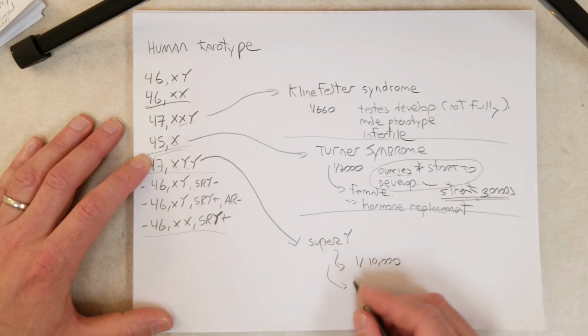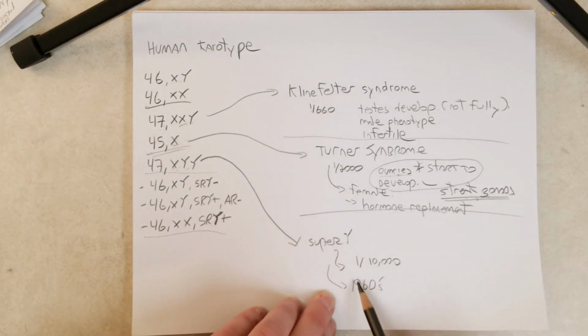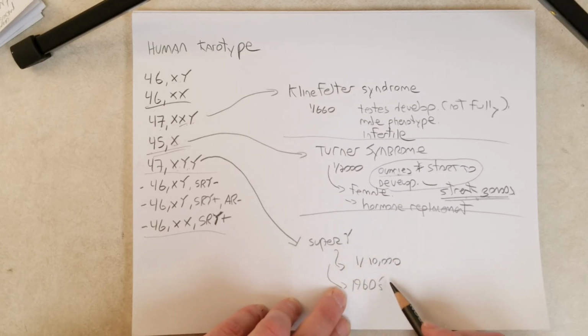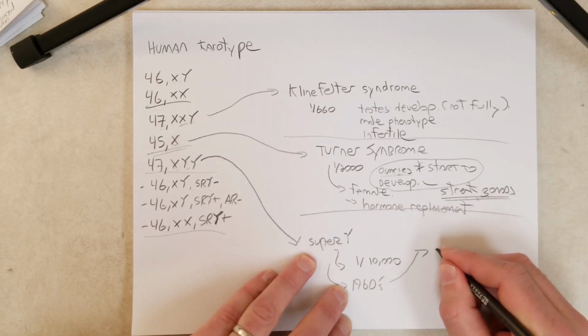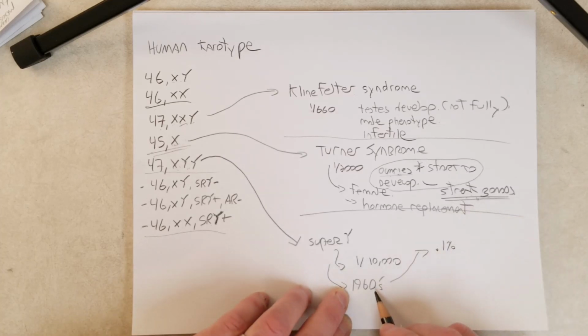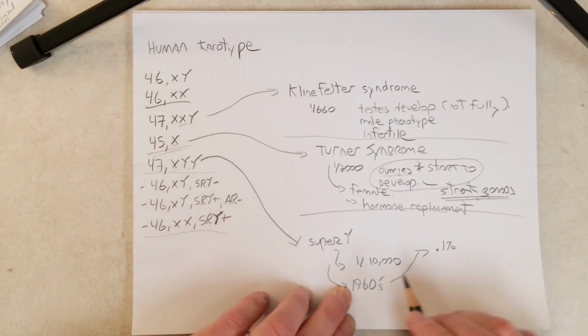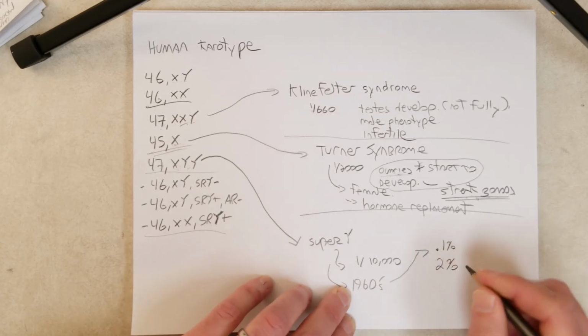And in the 1960s, something interesting is that scientists did studies, and they found that the super Y karyotype is found at 0.1% in the general population. They looked at males that were institutionalized, either in a mental institution or the prison system, or sometimes both, and they found that rates were as high as 2%.